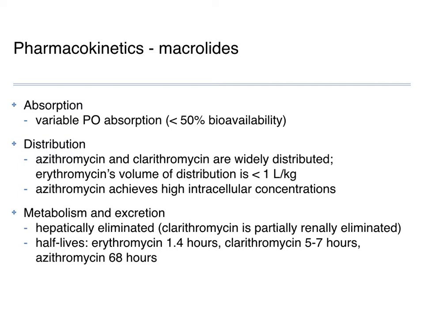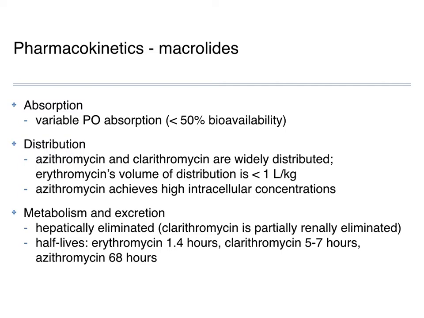Importantly, azithromycin gets very high concentrations in your immune cells, your macrophages and your monocytes. If you took a Z-Pak, for instance, and I took a serum blood level from you and looked for azithromycin concentrations in your blood, you would have essentially undetectable concentrations. If I looked into your monocytes and macrophages, however, you would have incredibly high concentrations of azithromycin.